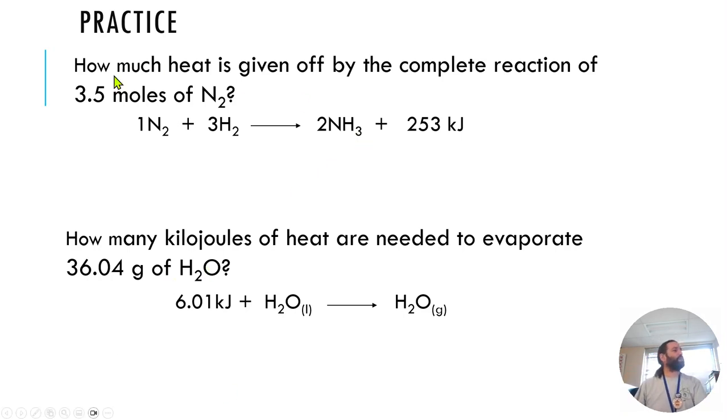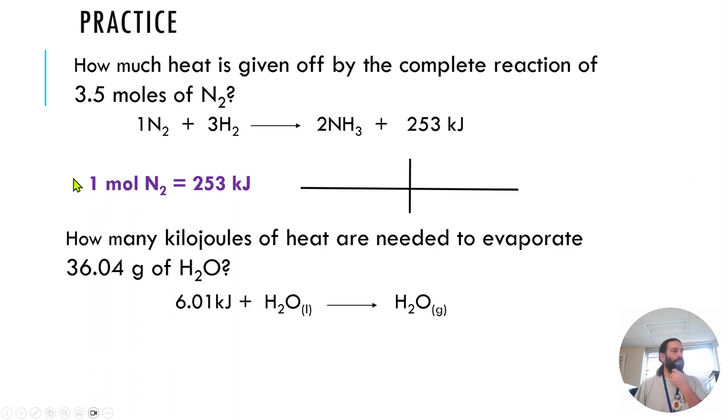All right, so this one says how much heat is given off by the complete reaction of 3.5 moles of nitrogen. So we're given nitrogen and we're asked for heat. So the conversion factor we'll use says that 1 mole of nitrogen equals 253 kilojoules. We only need a fence with one step because we have one conversion factor that can do the job.